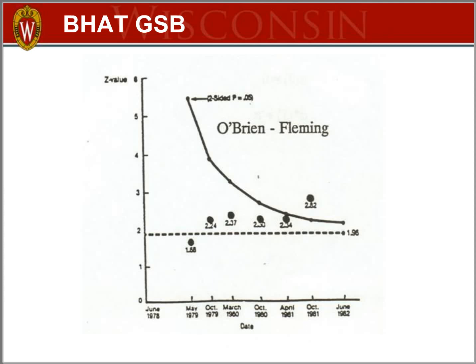The dashed line represents what I would call the naive approach. It's using the same critical value 1.96 for everything, which would certainly inflate your false positive rate. But you can see as the data emerged over calendar time, it eventually crossed the O'Brien-Fleming boundary with a value of 2.82. I should point out, however, that it wasn't just the fact that the statistic crossed the O'Brien-Fleming boundary that the trial was terminated.